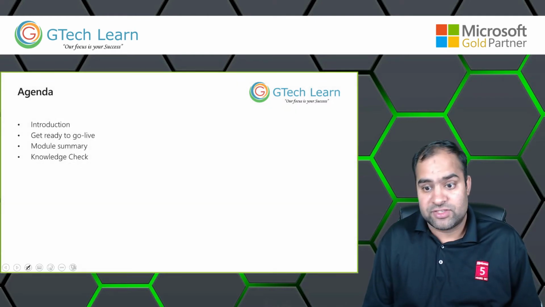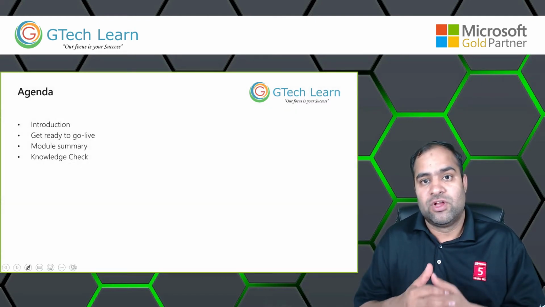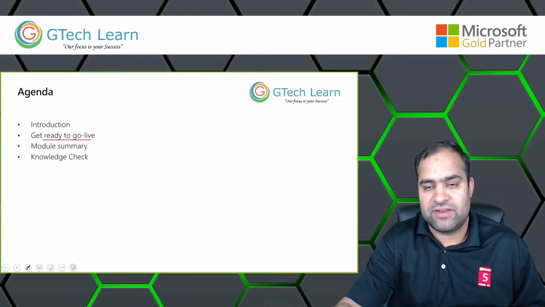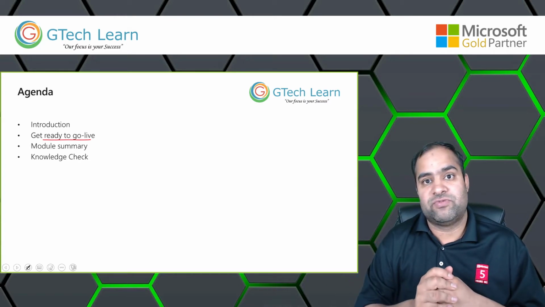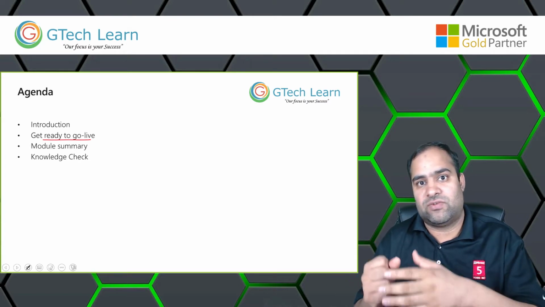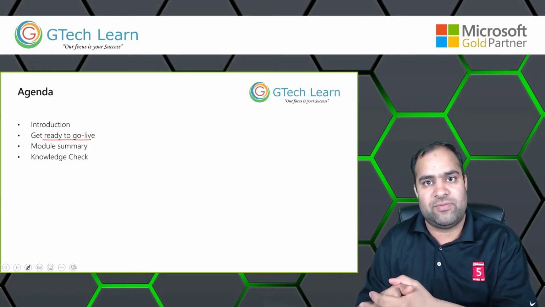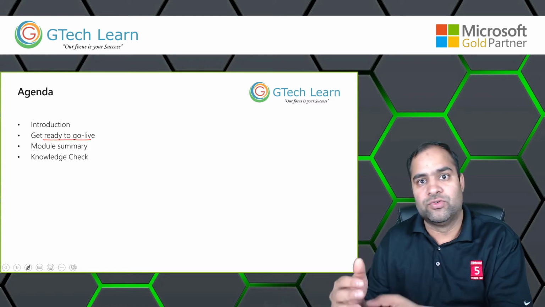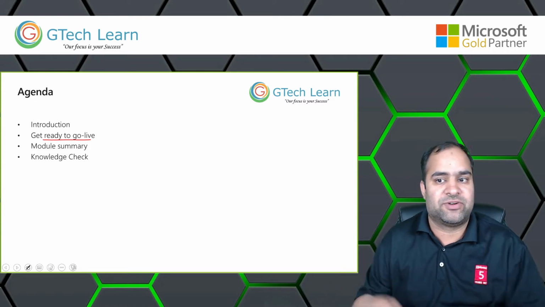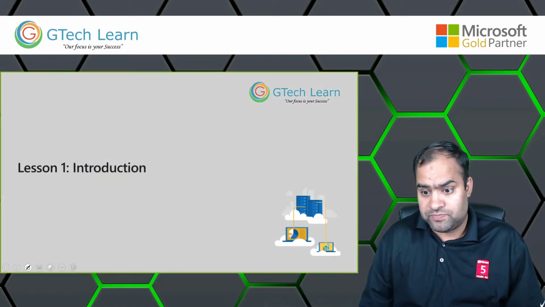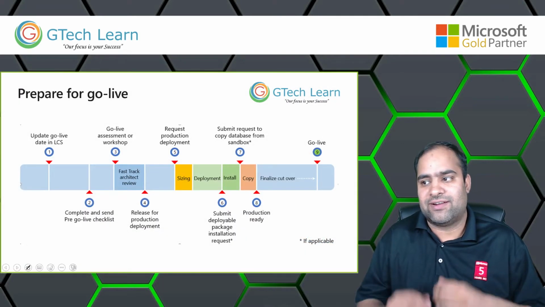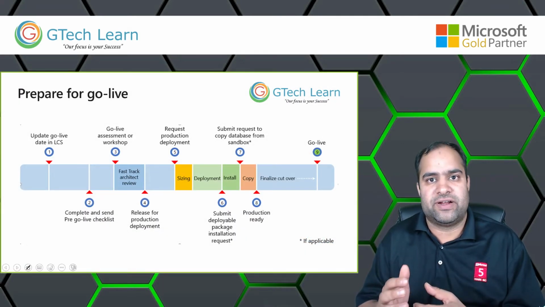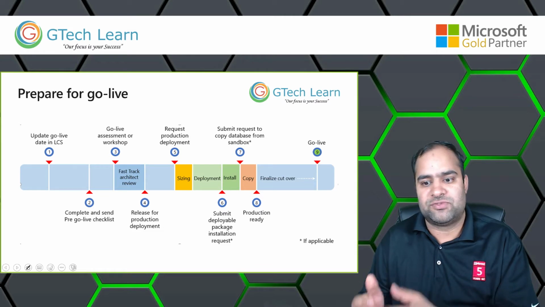We will discuss how to get ready to go live, some of the checklists, and what kind of involvement will be available from the end user, from the implementation partner, or from you being the primary person managing the production environment.